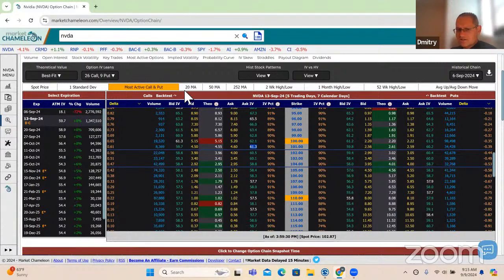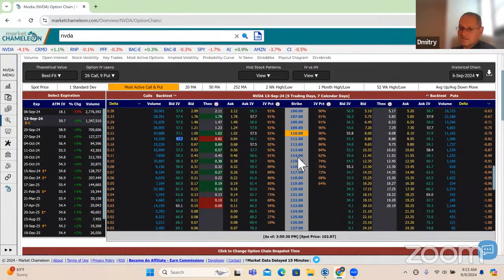That's what we could even eyeball and see, kind of like a skew where the implied volatilities are moving lower with these options. And it looks like maybe at some point they actually start going higher, right?